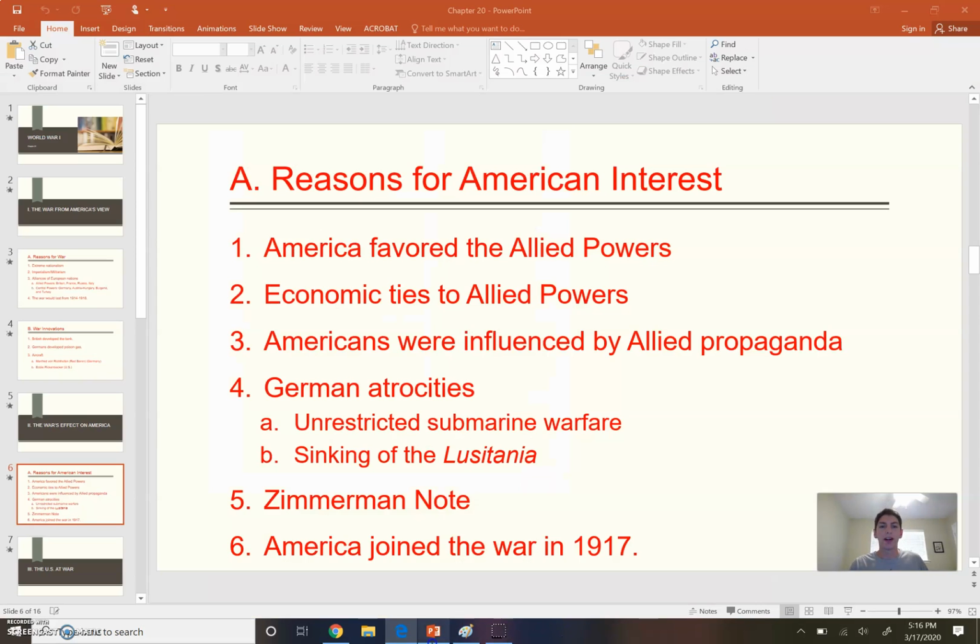So we talked about how economic ties and propaganda were causing Americans to feel biased toward the Allied powers, but also German atrocities, unrestricted submarine warfare. The Germans had come up with this invention where we see them today, but they were able to float underneath the water.